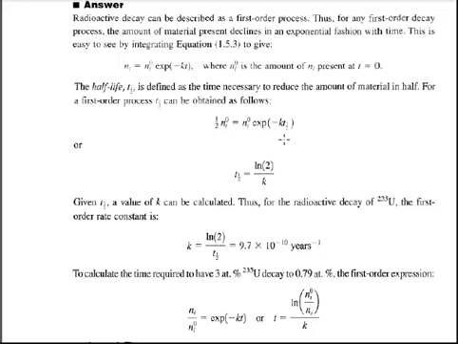Then we take logs on both sides and solve for the rate constant k. We get a relationship between the half-life and the rate constant given by this expression. We can then use that to solve for the rate constant, which comes out to be 9.7 times 10 to the minus 10 per year.